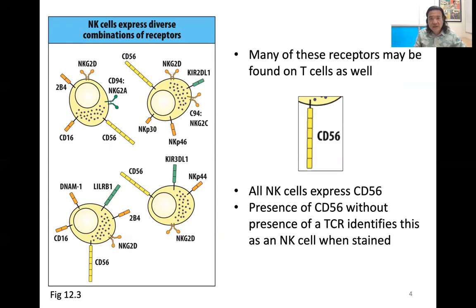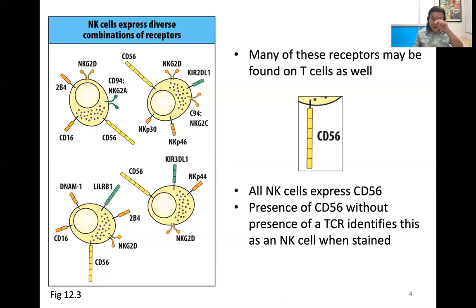It should be noted that many of these receptors are common to all NK cells. For example, the CD56, this yellow one that's shown as kind of like the stick here. All 4 of these NK cells have it. This CD56 is also present on T cells as well.